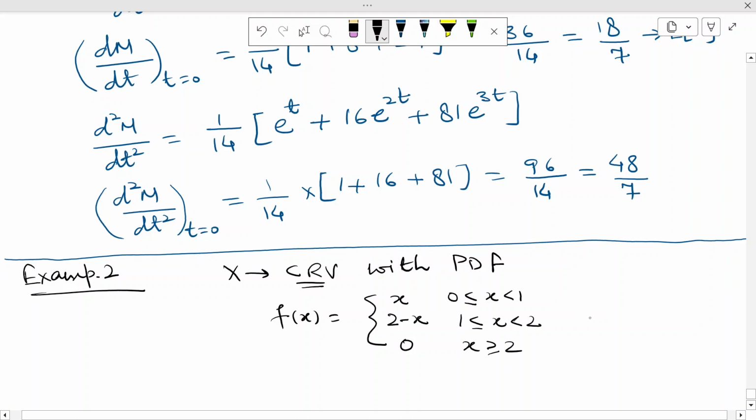So we have to find the moment generating function.